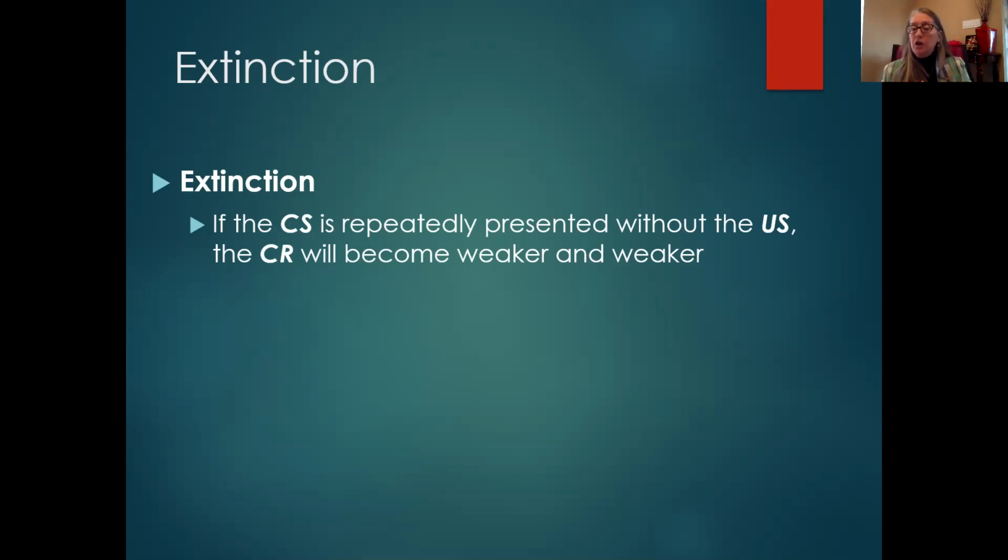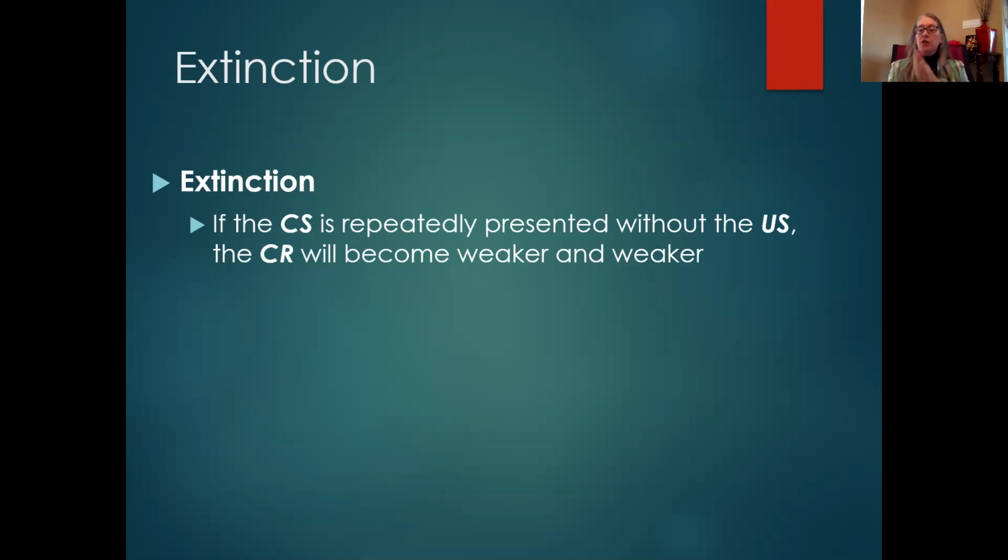Otherwise, extinction will occur. So if you just go on and on with metronome, no food, yes, they're going to salivate at first. But over time, metronome, no food, metronome, no food, the dog is going to learn that the metronome no longer is paired with the food, and the dog is going to stop salivating to the metronome. When that happens, we say extinction has occurred.